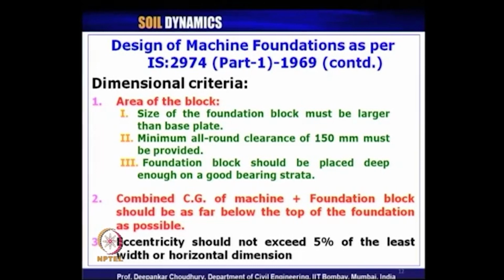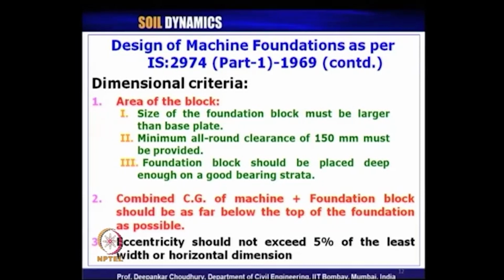It says that the size of the block must be bigger than the base plate size on which the machine is placed, and a guideline is provided that a minimum all around clearance of 150 millimeter has to be provided, and the foundation block should be placed deep enough on a good bearing strata.